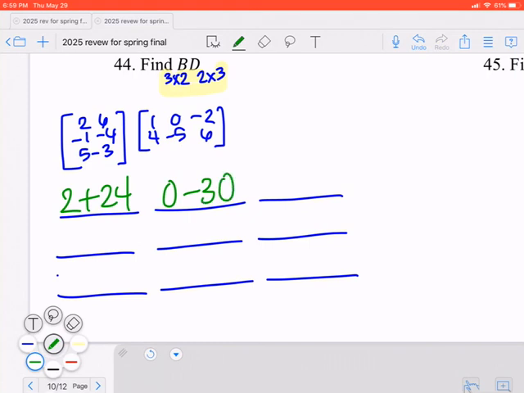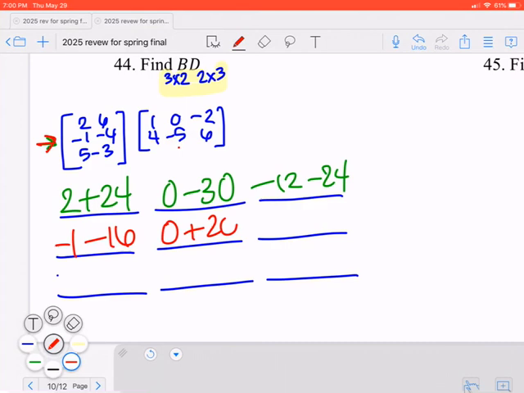First row, last column. Negative 12 minus 24. Now we're doing, I'll use a different color, second row. Negative 1 times 1 is negative 1. Negative 4 times 4 is minus 16. Second column, 0 plus 20. Third column, 2 minus 24.